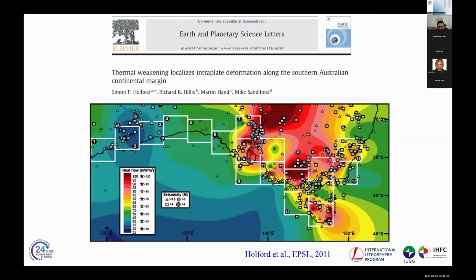This is a granite area with a large heat production of about 10 units, while for the other area, the heat production is about 1 or 2 units. This big contrast in heat production results in the difference in the surface heat flow between this area and this area, and also results in the seismic pattern in this area.